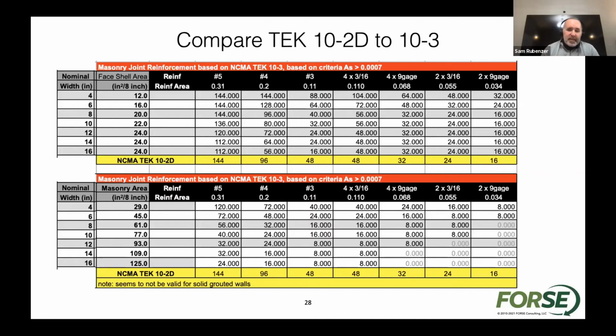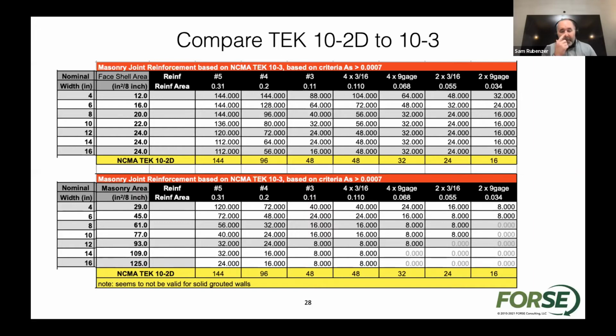And then on the bottom, what I'm trying to show everyone is that the spacings I would have for joint reinforcement based on the engineered method far exceed what's in NCMA 10-2D. It really shows that when I have a fully grouted wall, those spacings of joint reinforcement, whether the bar or two number 9 wires, are just not sufficient for the amount of horizontal reinforcement that you need.